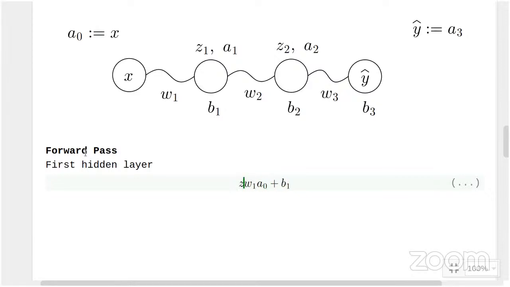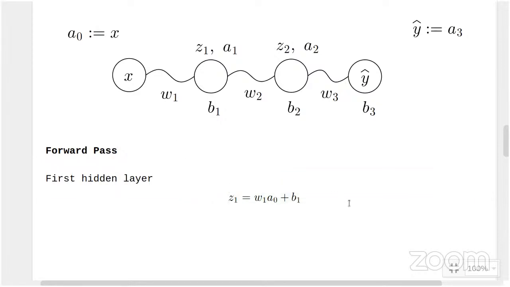This is Z1, the pre-activation at the first hidden layer. Now the next step would be the activation: G of Z1 will be equal to A1. So we are done with the first hidden layer.